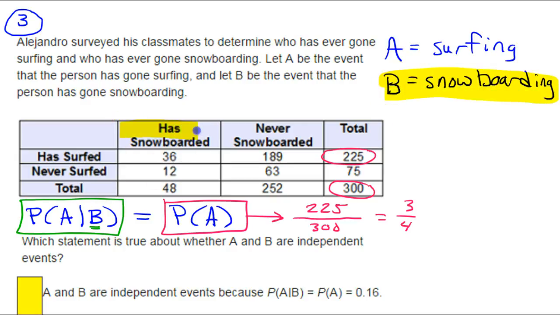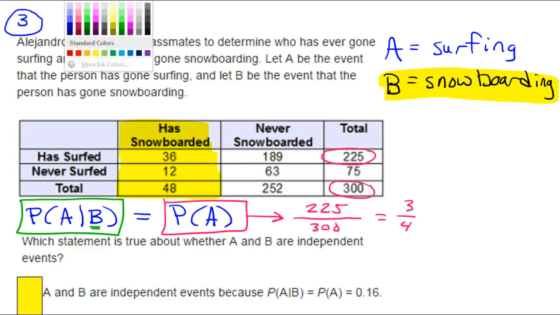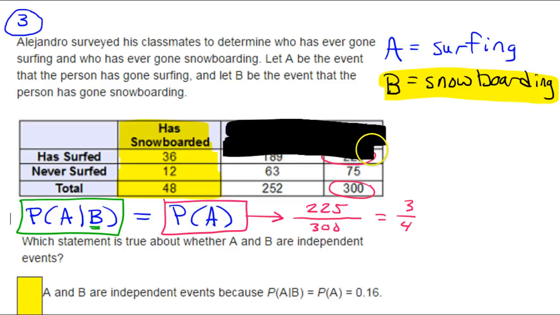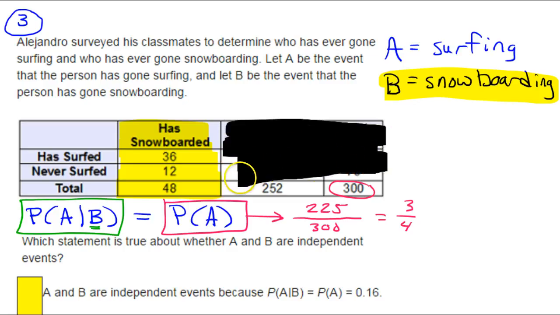This is the universe, people that have snowboarded, because that is B. That means the people that have not snowboarded, for the rest of this problem, do not exist. Now, in this smaller universe, we need to find the probability of A.